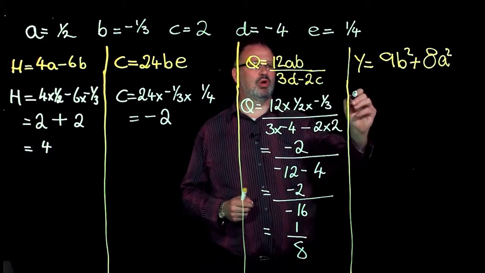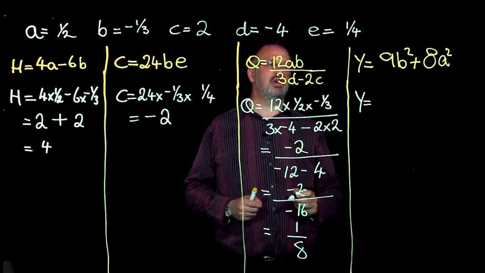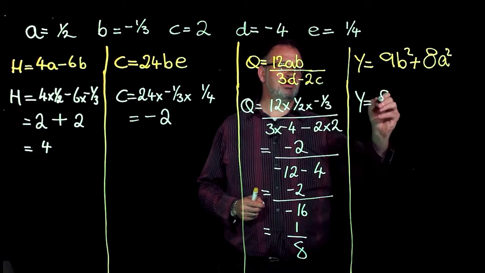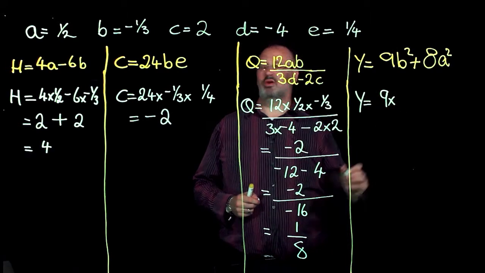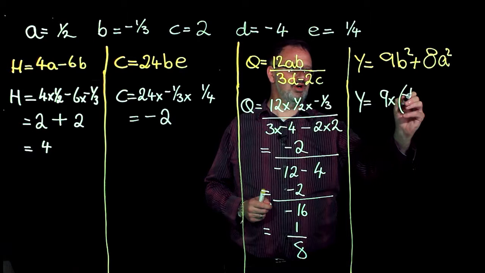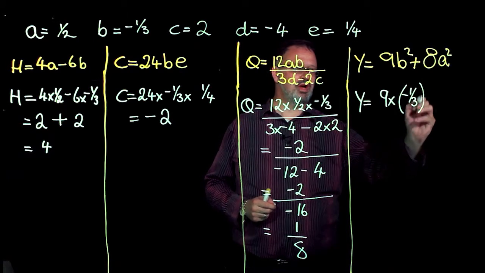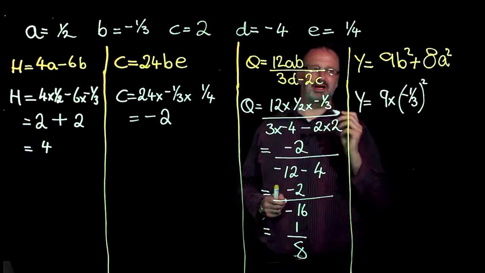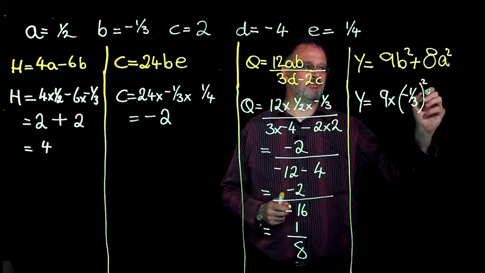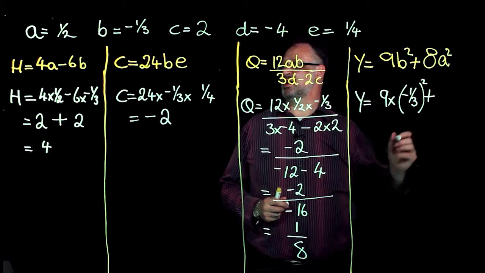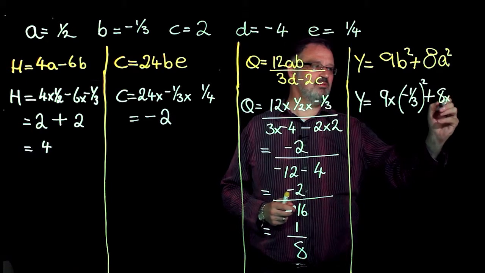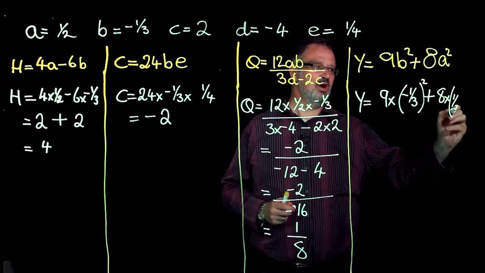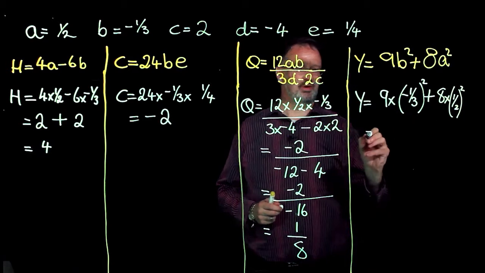Finally, y equals 9b squared. That means 9 times b, which is negative 1/3 squared. Notice here I've used some brackets just to make sure that I don't drop any negative signs along the way. Plus 8a squared, that means 8 times, again I'm going to use a bracket, a half squared.